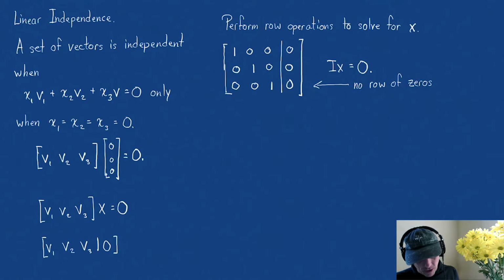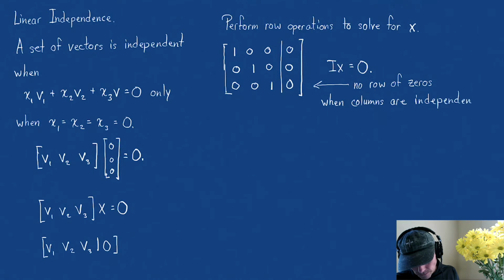And let's be clear, no row of zeros when columns are independent. Okay, so when they're independent, we get I.